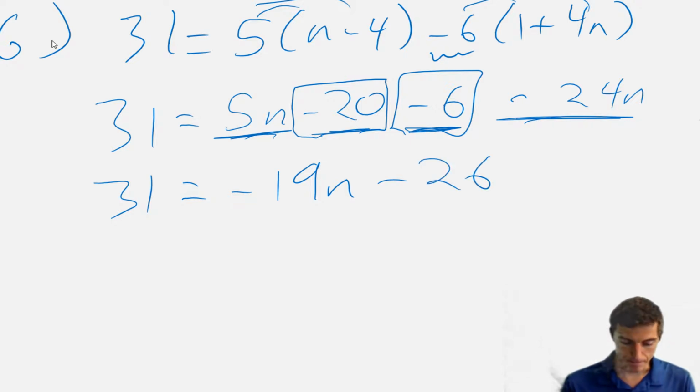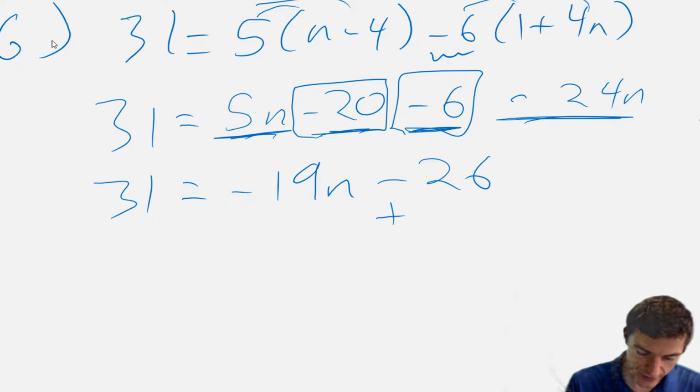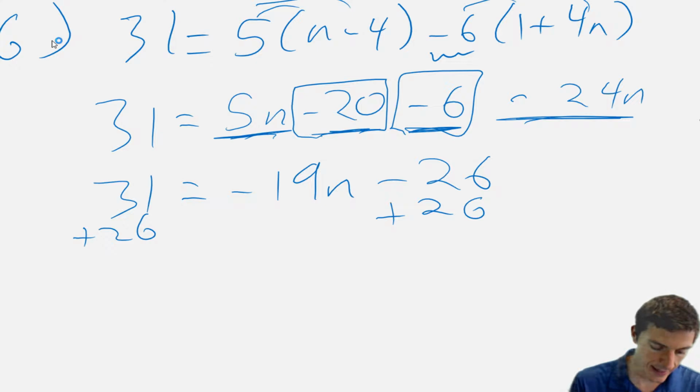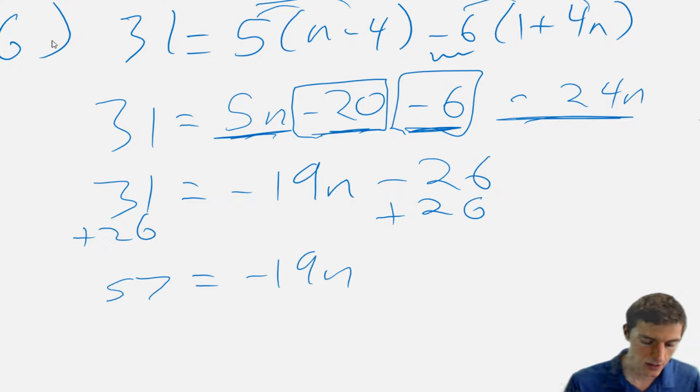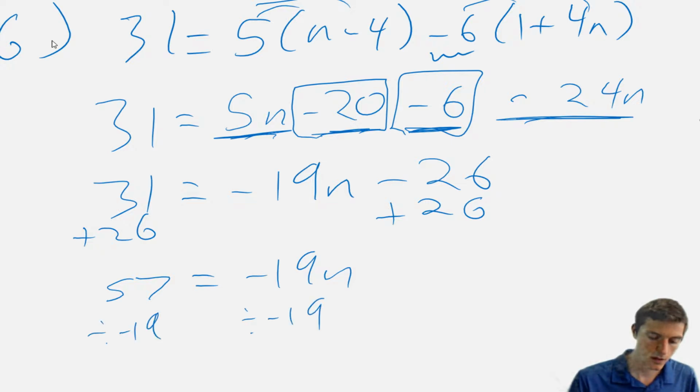To finish off this problem, I'm going to add 26 to both sides, and I'll get 57 is equal to negative 19n. So I'm going to divide both sides by negative 19, and you should get negative 3 as a solution.